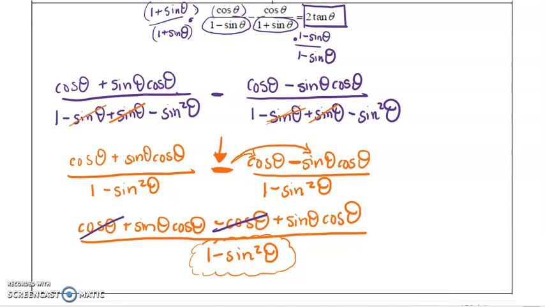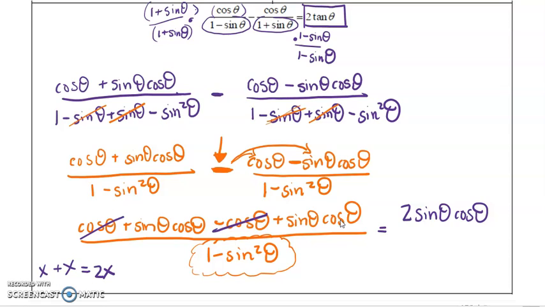Convenient, convenient. And if I take a look at what I have left, I have a sine cosine plus another sine cosine. Okay, they're exactly the same term being added together, so we can say we actually have two of them. If I have x plus x, exactly the same term being added together, we can write that as 2x.